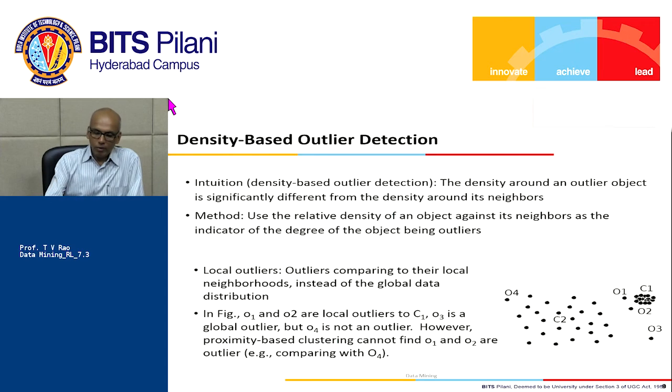But when you look at the other objects, for example, which are forming C2, another cluster, which has a lower density, this point O4 is also away from C2, like if you compare with the distance of O1 with C1. But it may not be considered an outlier because of the relative density of the points nearby.